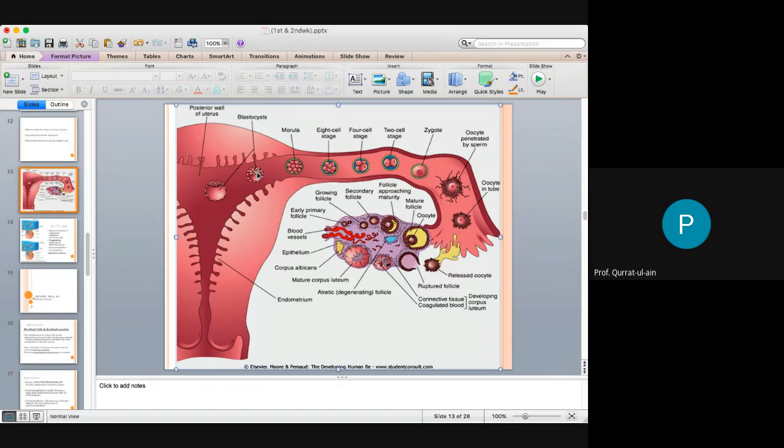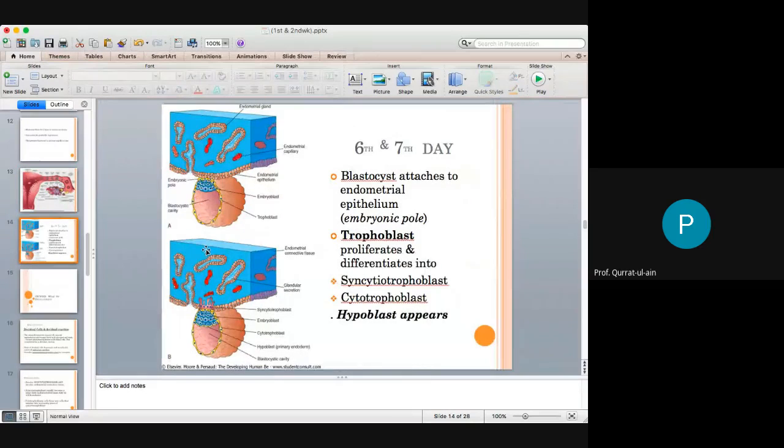On the 4th day, it enters the uterine cavity, and within the uterine cavity, the blastocyst is formed by the moving of fluid inside, and the zona pellucida disappears. There is an inner cell mass, an outer cell mass, and a blastocyst cavity here. This embryonic pole or embryonic end will attach to the endometrium, and this will cause proliferation of the trophoblast at this end, which will create finger-like extensions of cells, and these are syncytiotrophoblast.